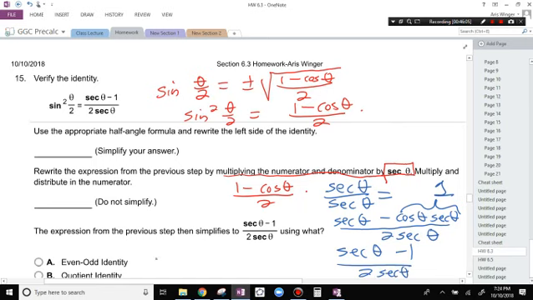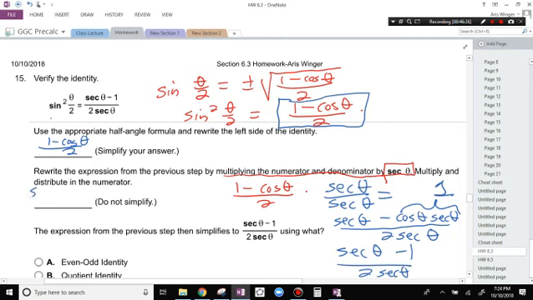You get the answer. Let's see if we can just answer the questions. Use the appropriate half-angle formula and rewrite the left side of the identity. Do they just want this? Hopefully they just want this. So then this goes here, 1 minus cosine theta over 2. And then we multiply by secant theta over secant theta. Oh, they don't want us to simplify. What do you think they want?